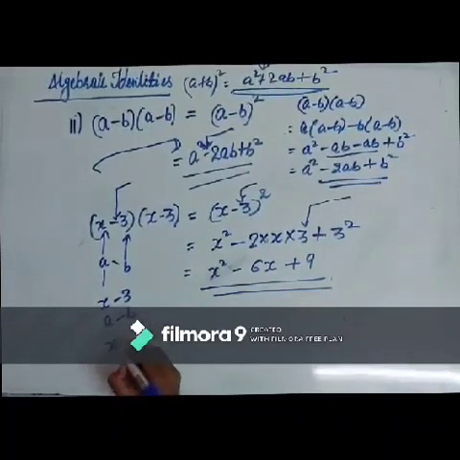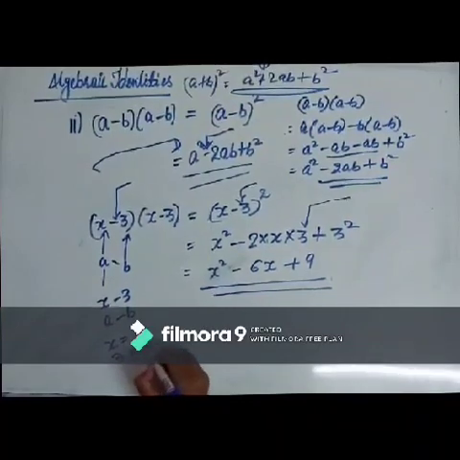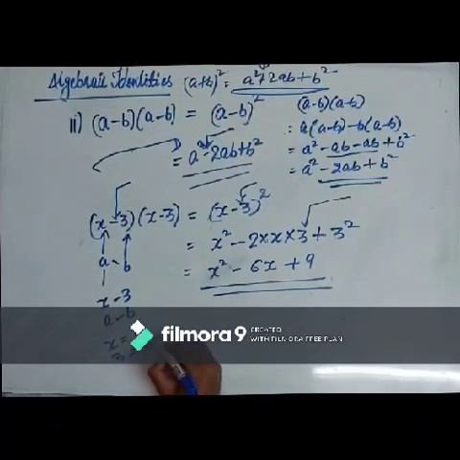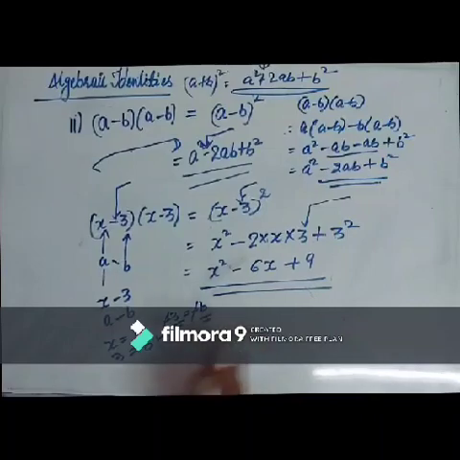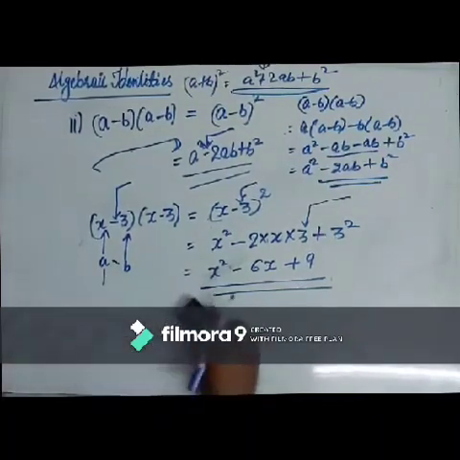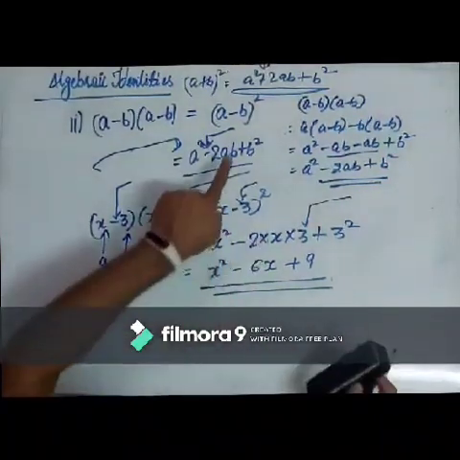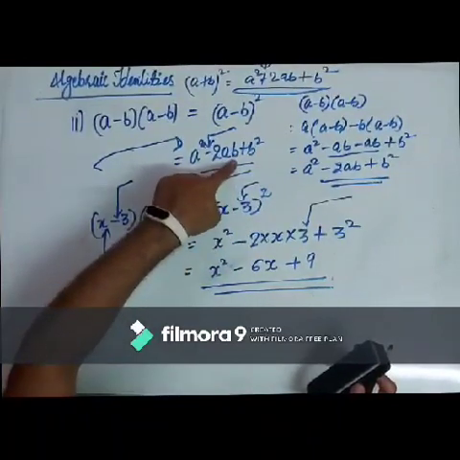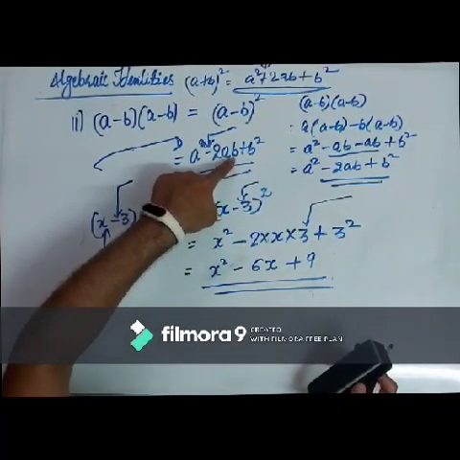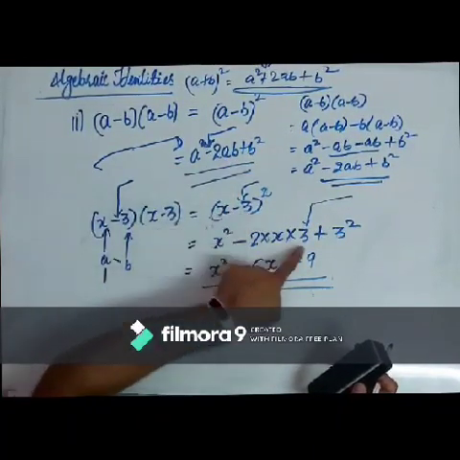What is x? x is equal to a. What is 3? 3 is equal to b. Minus 3 is equal to minus b, so the minus is gone. 3 is equal to b. Simple. Whenever I am talking about b, write simply 3, not minus 3.